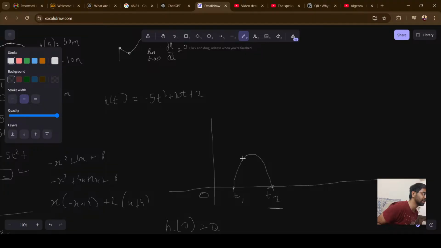But what he is telling is that if we want to find the maximum height, then we have to find at which time, at which point, at how many seconds this height will be reached. This is telling us to find the vertex only, no?